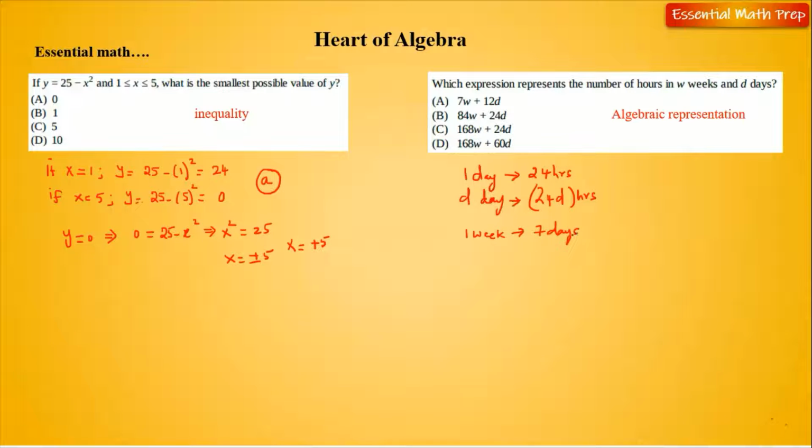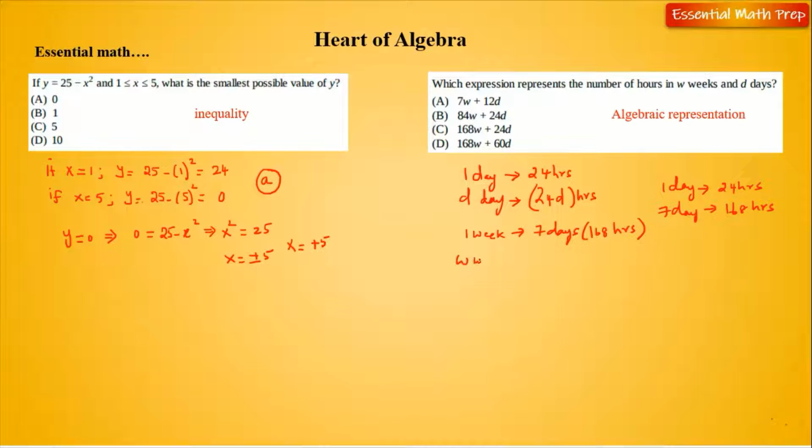Now the problem becomes much easier when you can convert this day into hours. Then it's basically a replica of what we did for the day. So a day contains 24 hours, right? So 7 days would contain 168 hours. So essentially 7 days is the same as 168 hours.